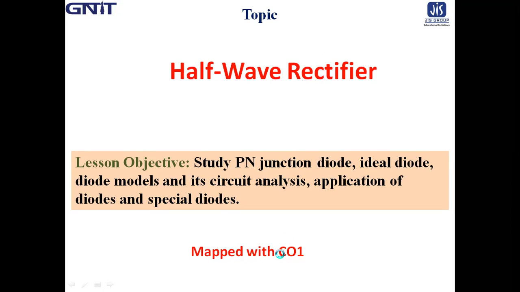This topic is mapped with CO number 1. So let us start lecture number 5 from the second module, PN junction diode and its applications, with the topic of half-wave rectifier.